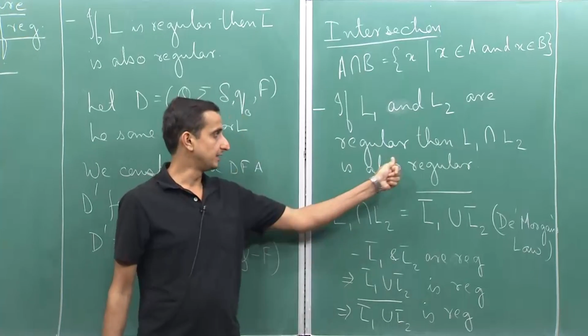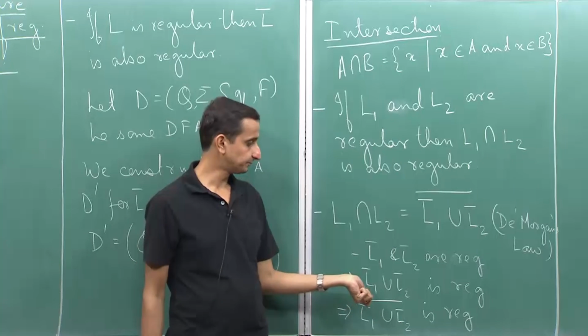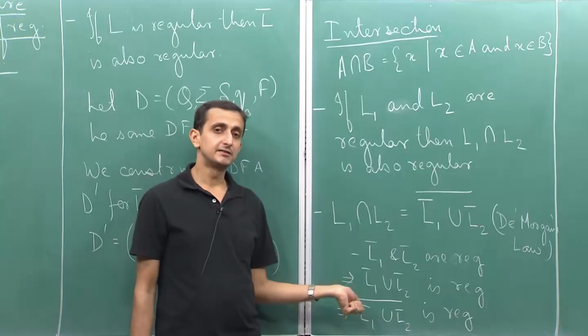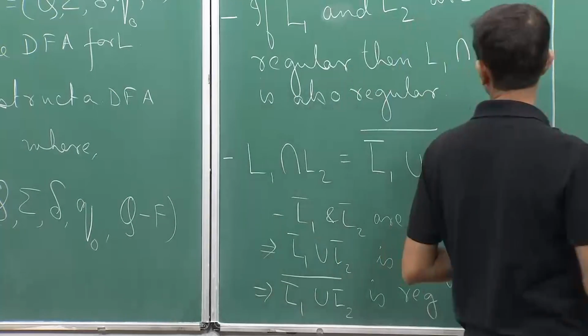Hence, L1 intersection L2 is regular. So, we actually used closure properties that we have seen earlier to prove this intersection.